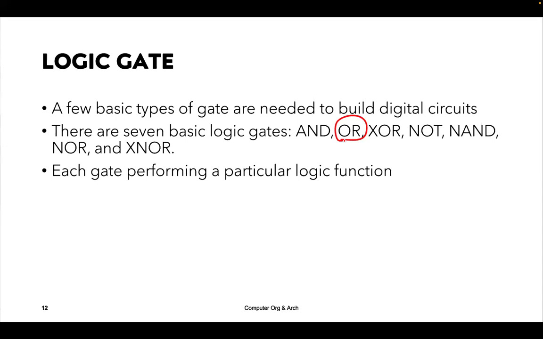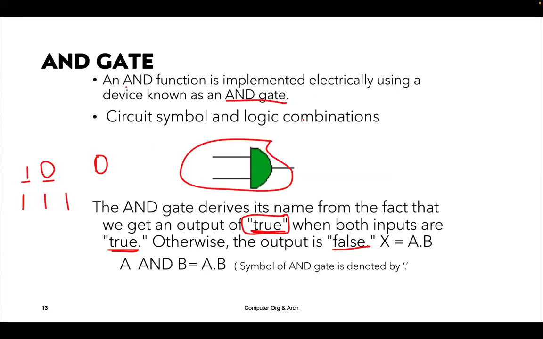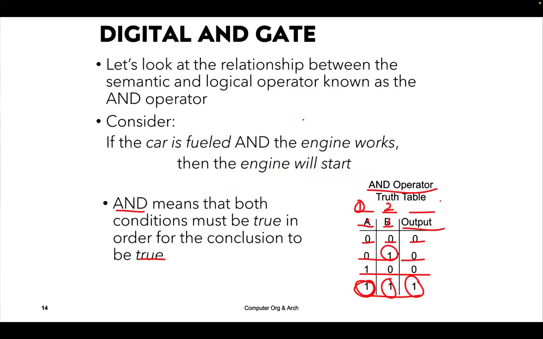So now, in this case, both A and B must be true, and that is why you used the example of a car. If the car has received the fuel and the engine works, then obviously the engine can start.